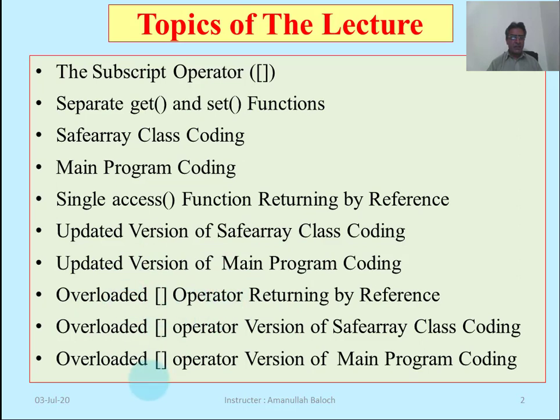When this operator performs its function on standard data, it has some deficiency, and we will discuss that deficiency in this lecture. And then the overloaded operator version of safe class and the overloaded operator function version of main program coding. These are the topics of today's lecture.